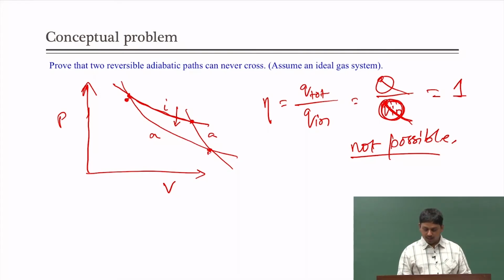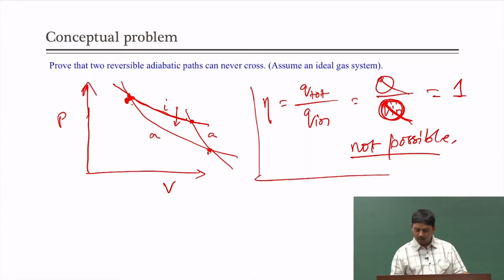Since the volume is changing differently, this temperature and this temperature will be different, but that is not possible because we are joining them by an isothermal path. So, that is another way of thinking, but this is sufficient to show that if they cross, you can always join them by an isothermal path, and then it will violate the second law of thermodynamics. That is why two adiabats can never cross.